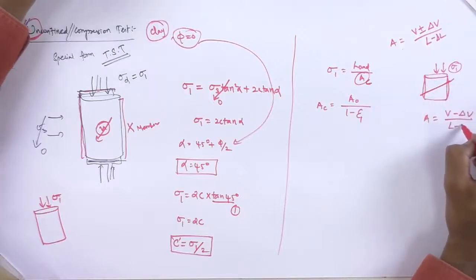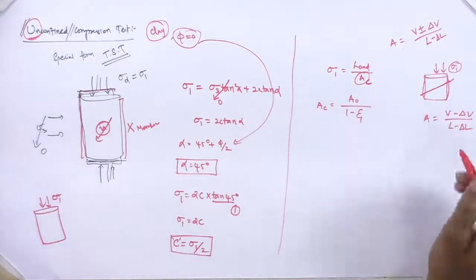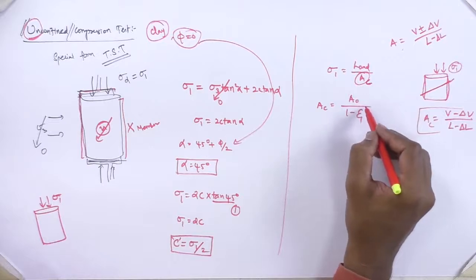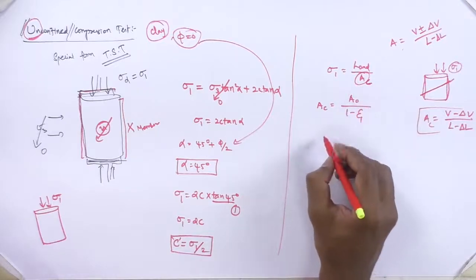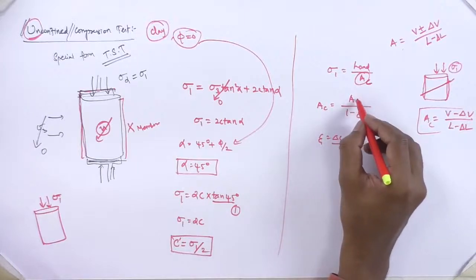So the corrected area finally takes the form A naught divided by 1 minus epsilon, where epsilon is del L divided by L, and A naught is the initial area.